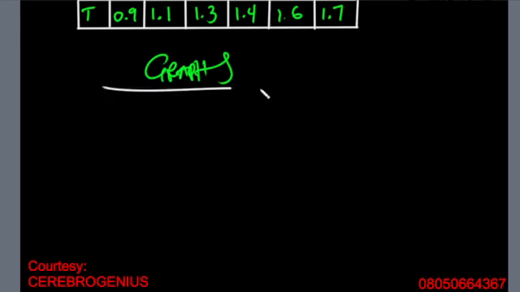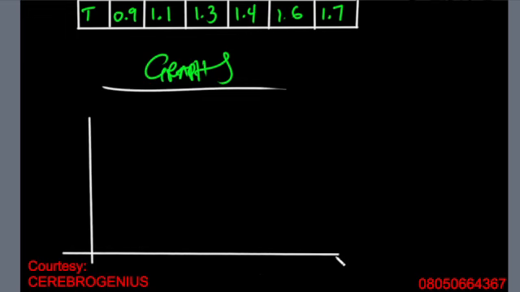Now, a graph is just like a grid, where you have a vertical axis and a horizontal axis. On your vertical axis you have your y, which is your dependent variable, and on your horizontal axis you have your x, which is your independent variable. Then you have to plot points and connect them.